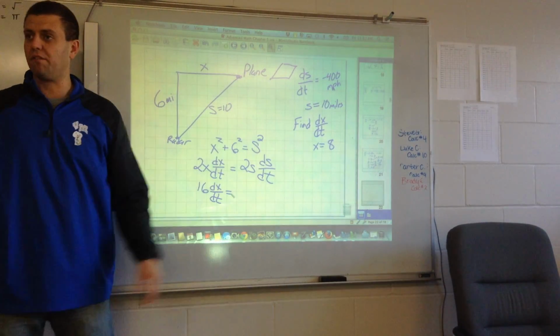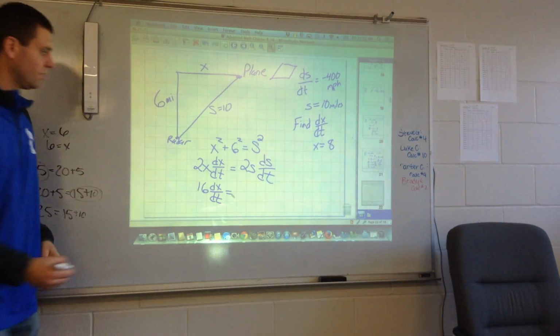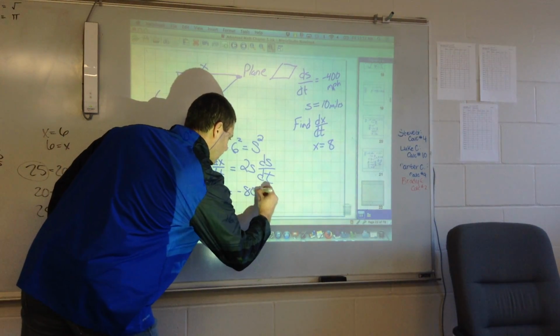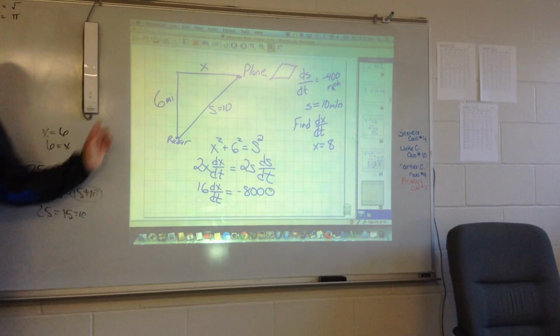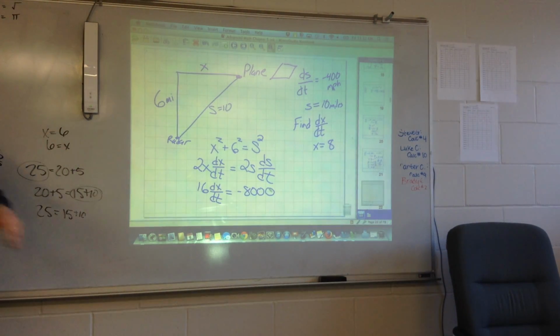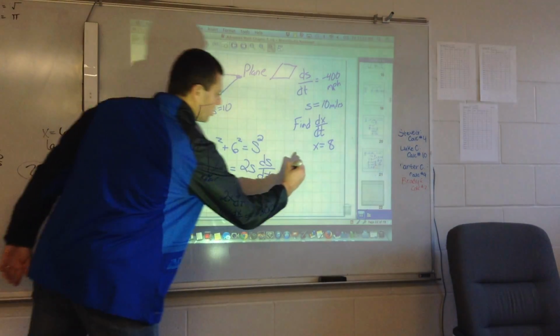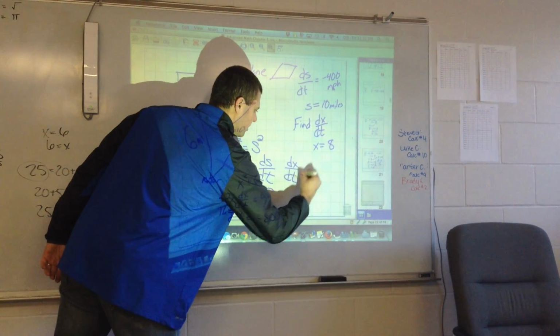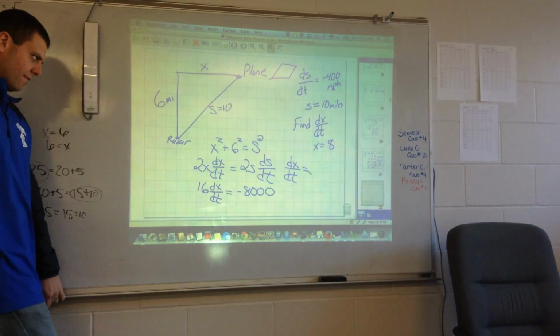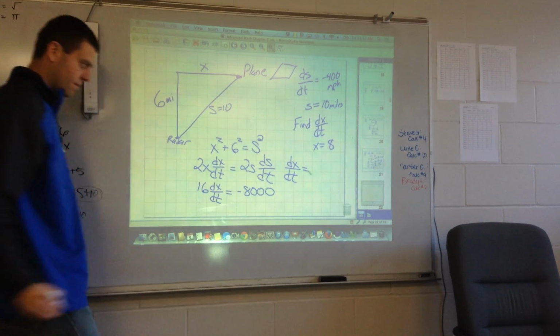So 20 times negative 400 is negative 8,000. Then divide that by 16, because we're solving for dx/dt. So dx/dt equals negative what? 500. Bingo.